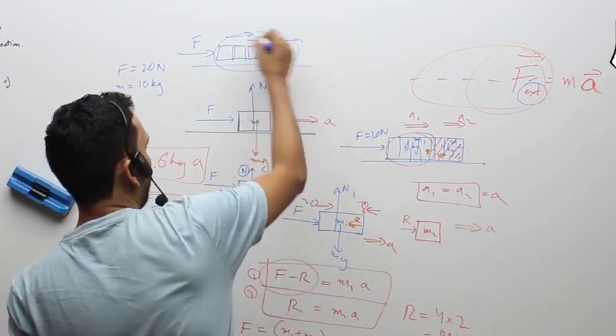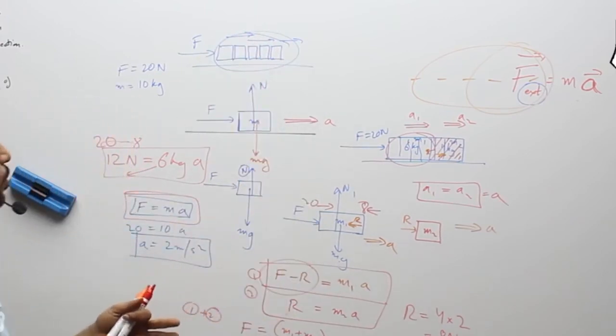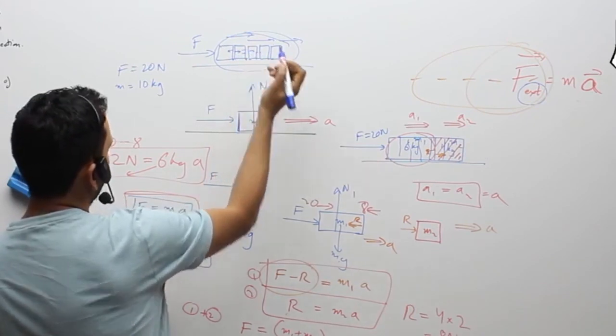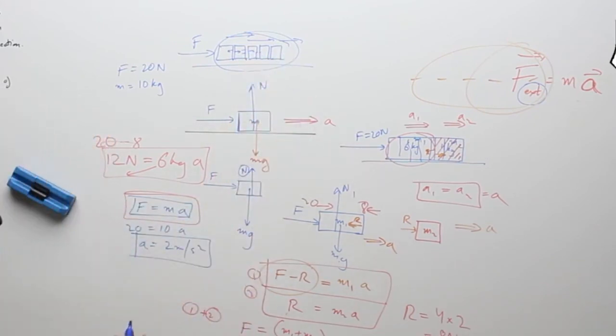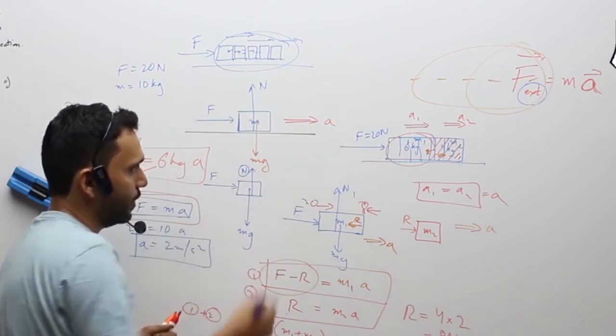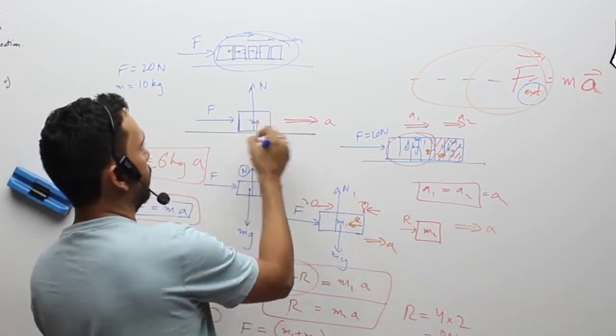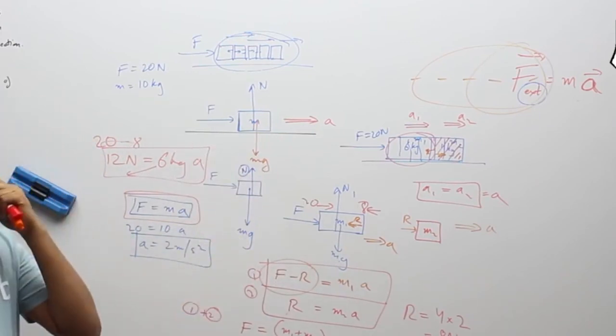So we can take all these bodies as a single body, instead of going for the action reaction at each place. You can do that also, or you can take it as a single mass M. So here we'll have big blocks all going together. So we are going to take it as a single mass M and do the question.